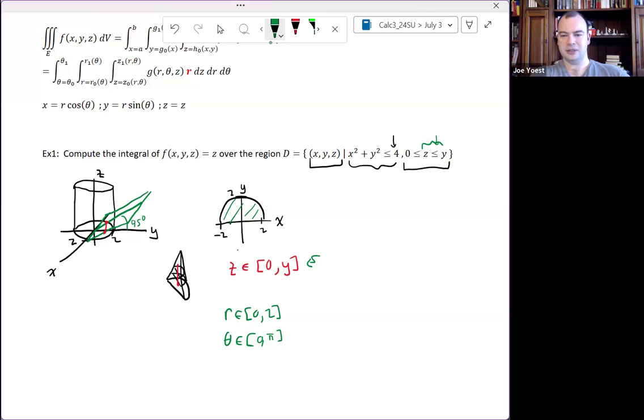And here I've got to be a little bit careful. z goes from 0, but z equals y. Well, I don't want to be talking in terms of x, y, and z anymore. I want to be talking about r, theta, and z. So I just substitute in y equals r sine theta.